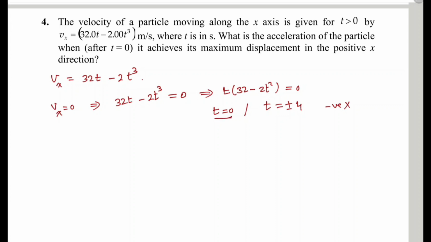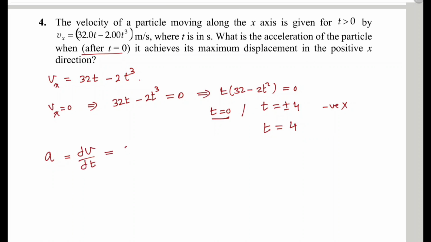And this one says after t equal to 0, so the only acceptable solution here is t equal to positive 4. Now, the acceleration is equal to dv by dt, or 32 minus 6t squared. In other words, a equals 32 minus 96. In other words, a equals minus 64 meters per second squared.